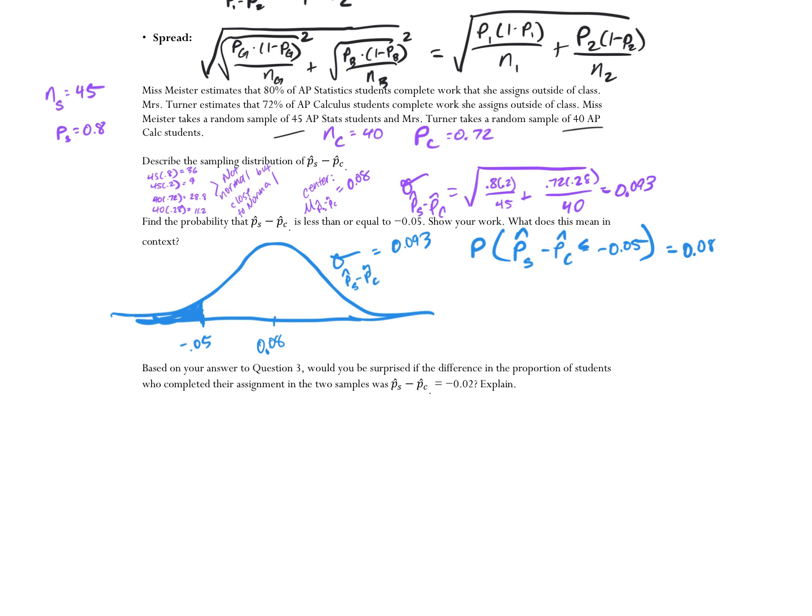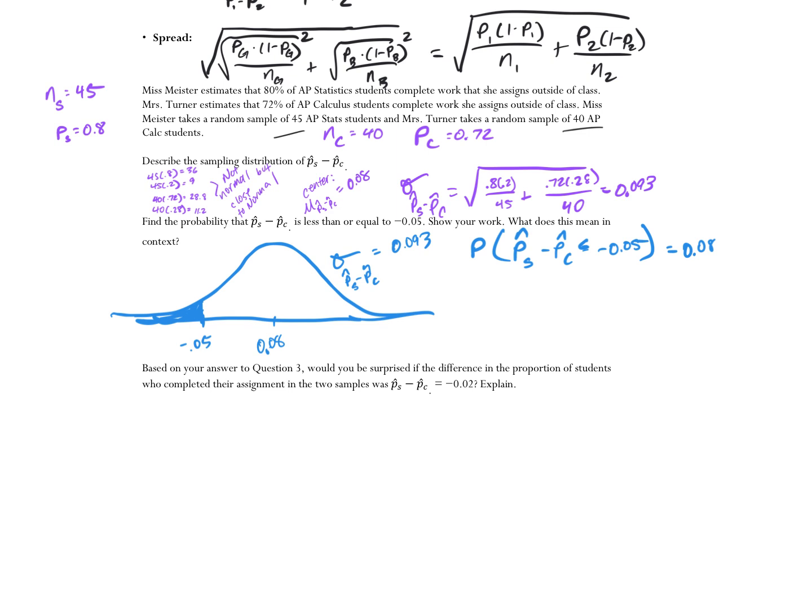Something with an 8% likelihood occurring would surprise some people, not others, right? It's a gray area. Our typical rule of thumb for what is surprising, I would say, is about 5%. So I would say it's not super surprising. It wouldn't be kind of crazy.